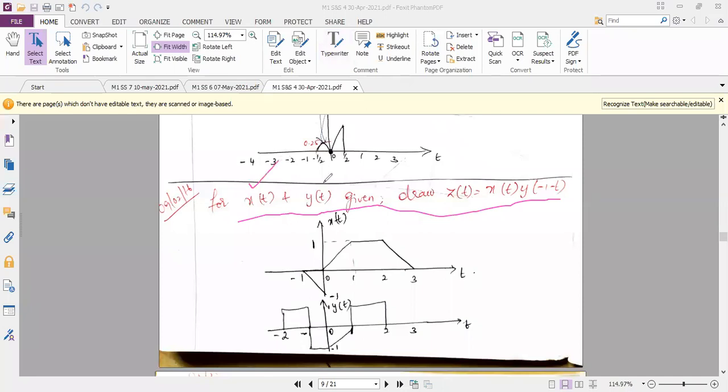X of t and y of t is given. Draw z of t is equal to x of t multiplied with y of minus 1 minus t. This is the question. So you have to take the two signals. You have to plot the two signals now from the question, x of t and y of t.